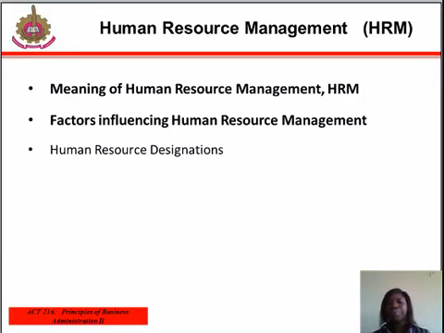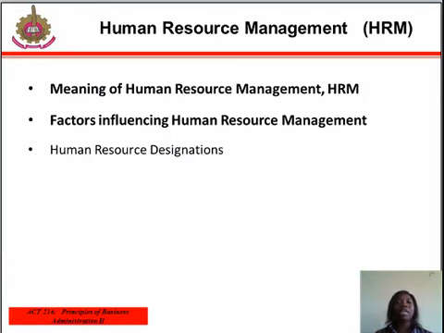Also the union, a group of employees who have joined together for the purpose of dealing collectively with their employer, affects human resources. And also the economy. As a generalization, when the economy is booming, it is often more difficult to recruit qualified workers.